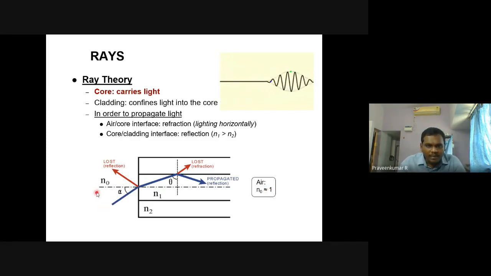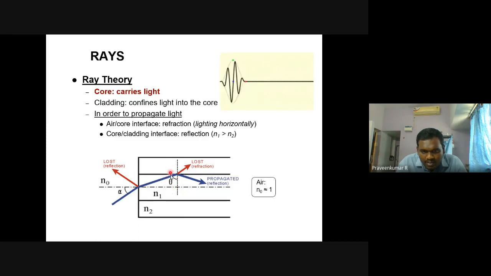Suppose I am taking the optical source here, and the optical source is trying to insert my light into this core material. At that time we have a reference angle with respect to the axis of your fiber system. We have a reference line, so it makes an angle alpha, or theta, whatever it may be. You can see here, this is the interface point between N1 and N2.